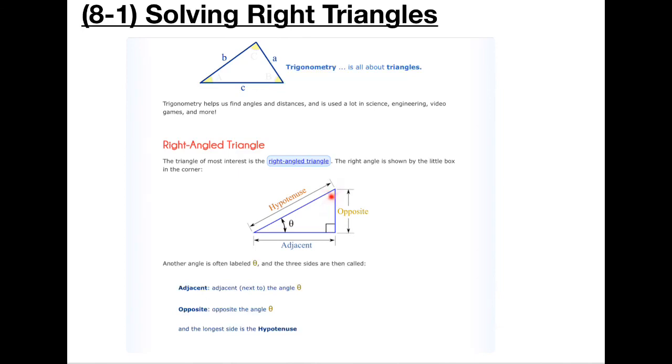But if I choose this other angle, let's call it phi, another Greek letter, now this side will be opposite to this angle, and this side will be adjacent to this angle. So opposite and adjacent are related to which angle you're picking and using. All right.